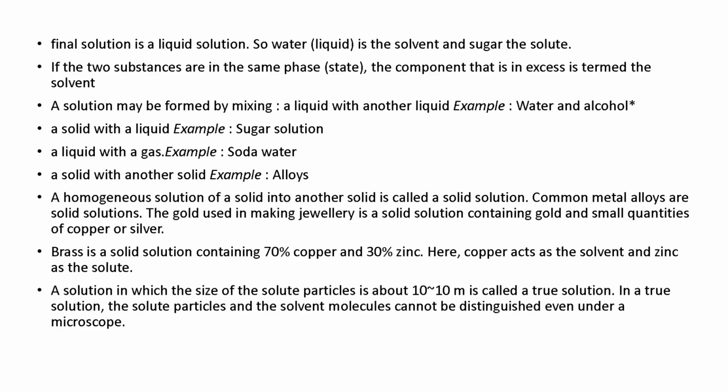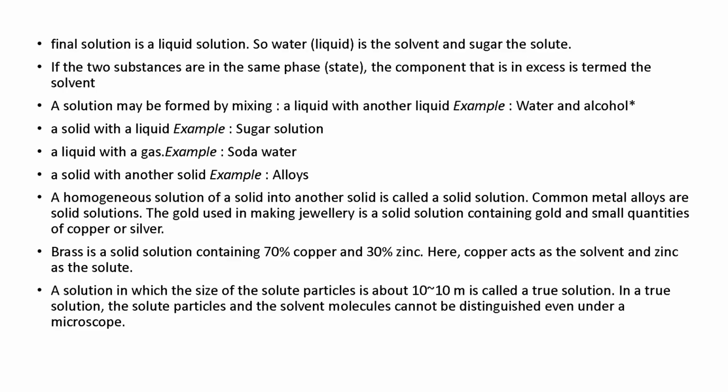A solution in which the size of the solute particles is about 10^-9 m is called a true solution. In a true solution, the solute particles and the solvent molecules cannot be distinguished even under a microscope. So what is a true solution? There are some characteristics of a true solution.